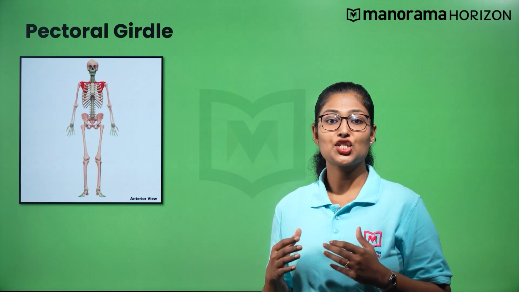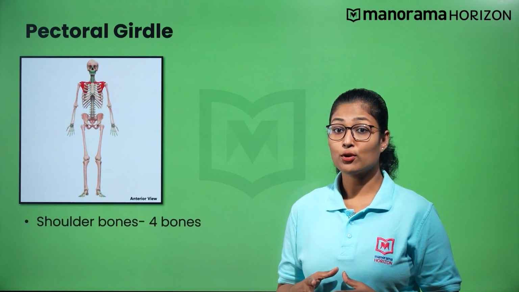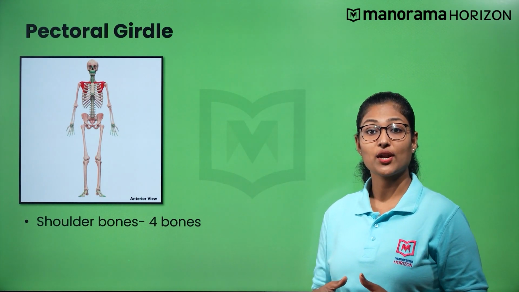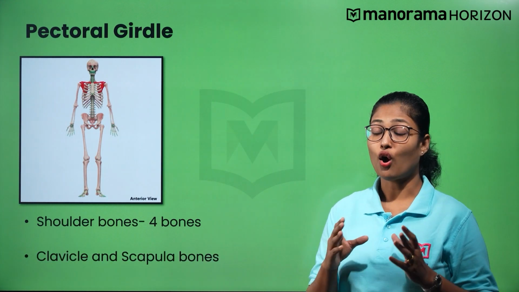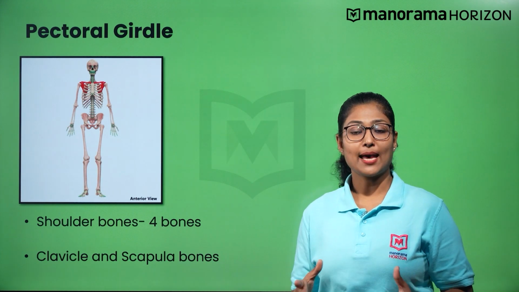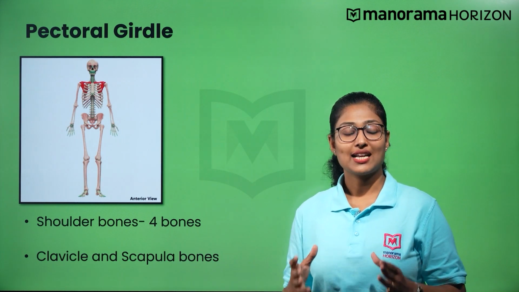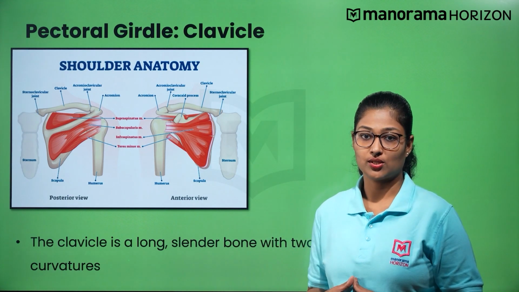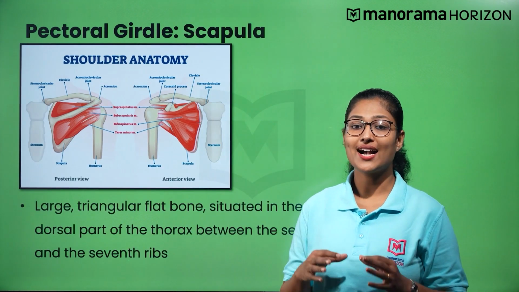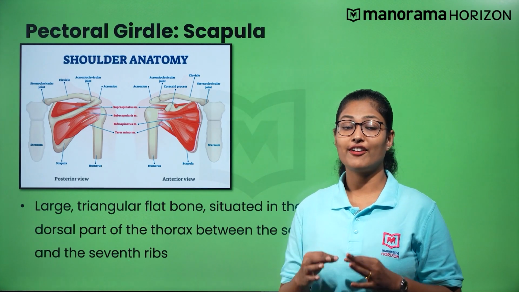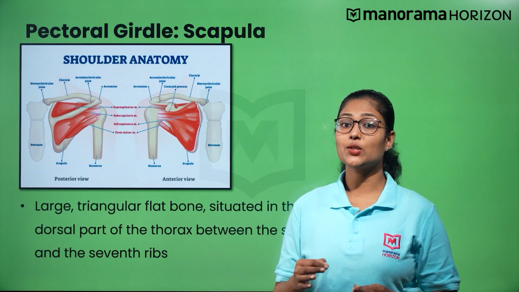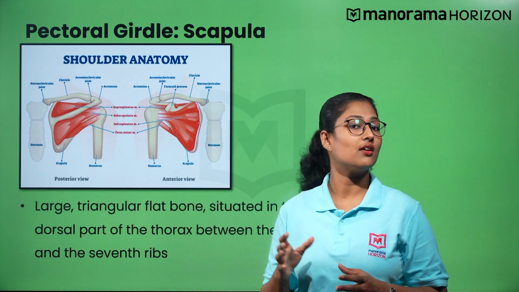Pectoral girdles are the shoulder girdles, composed of 4 bones. Each half comprises a clavicle or a collarbone, and the scapula bones. The clavicle is a long slender bone with 2 curvatures. The scapula is a large triangular flat bone situated in the dorsal part of the thorax between the 2nd and the 7th rib.